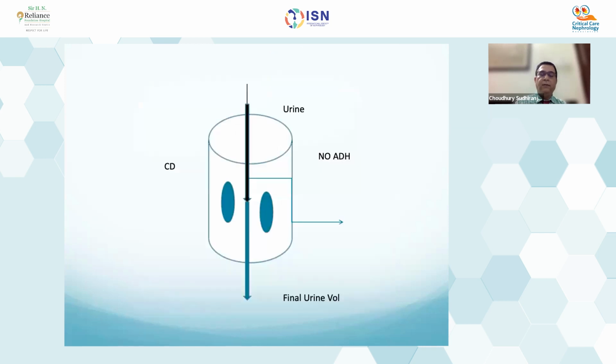The fourth one is, I'm telling you, when the urine goes into the collecting duct without ADH secretion, the aquaporin channels will be closed. So whatever urine, salt and other solutes are delivered, in the final urine no water absorption will happen.